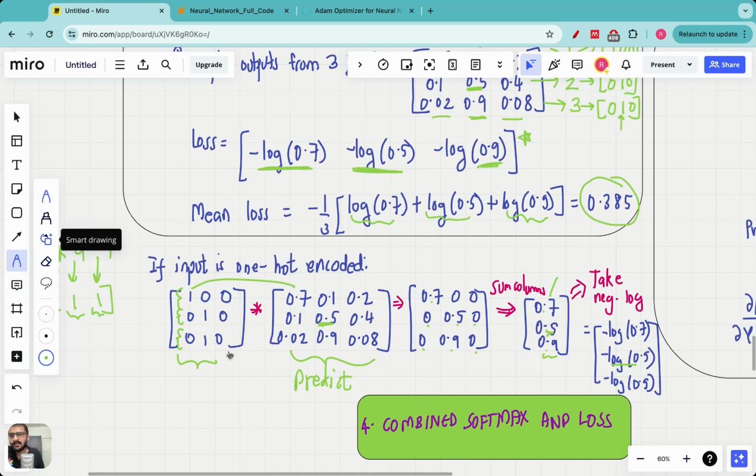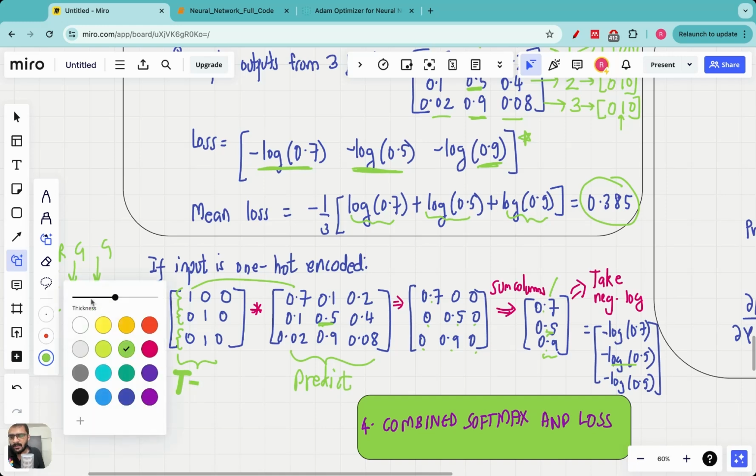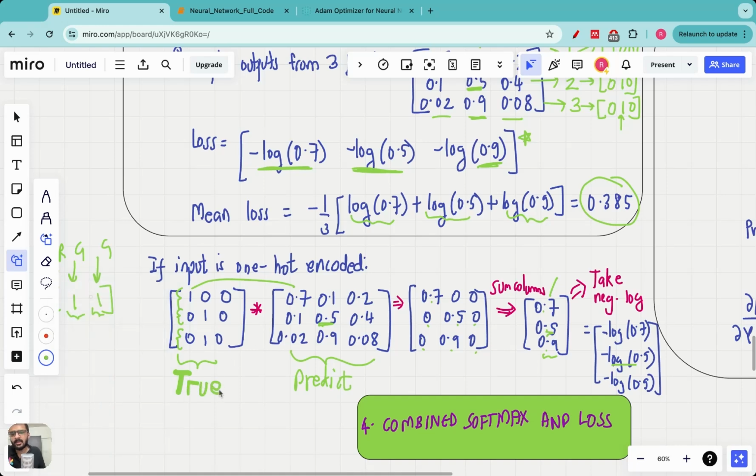Okay, so this matrix will be called the true matrix, and I'll be switching to green color. So this matrix will be called the true matrix. I'll be reducing the font thickness a bit. Right, so this is the true matrix.